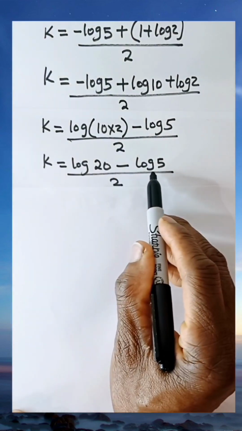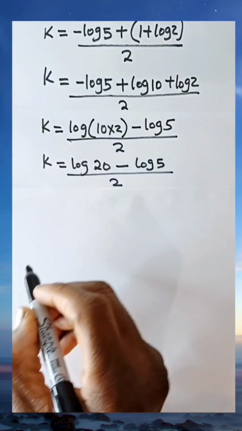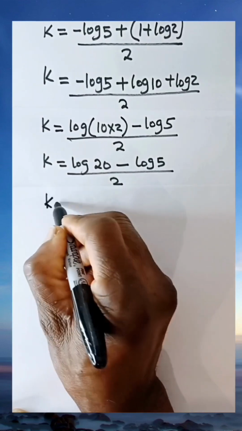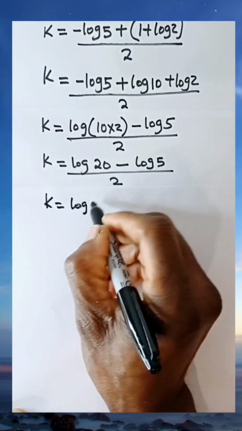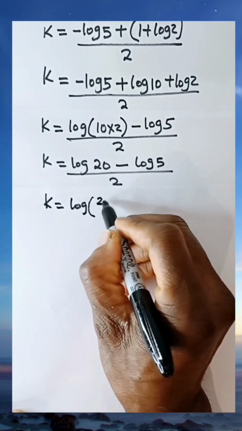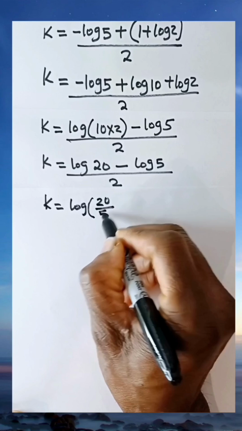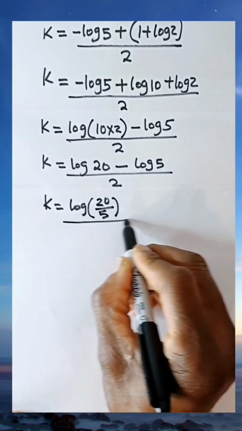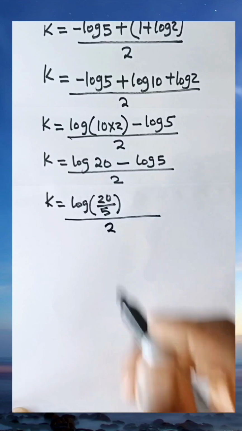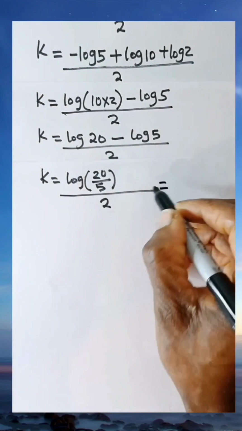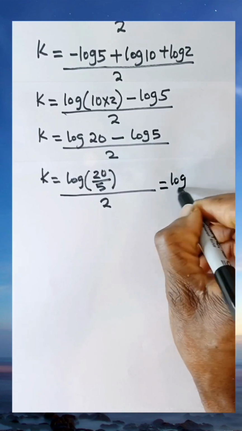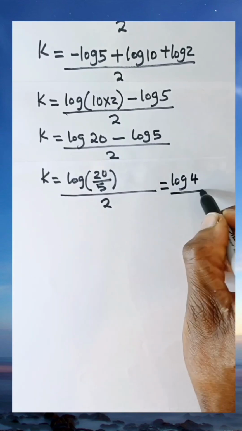So in the numerator, we will apply the division law of logarithm. So we will have K is equal to log 20 divided by 5, divided by 2. This is equal to log 4 divided by 2.